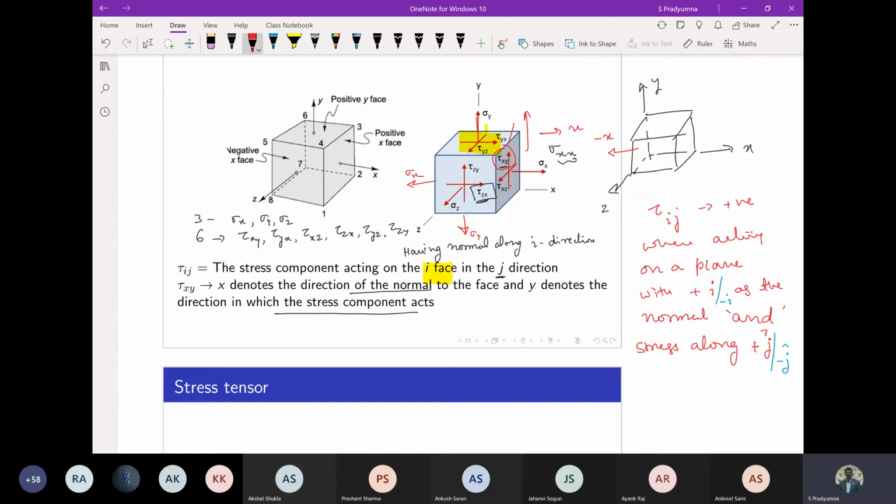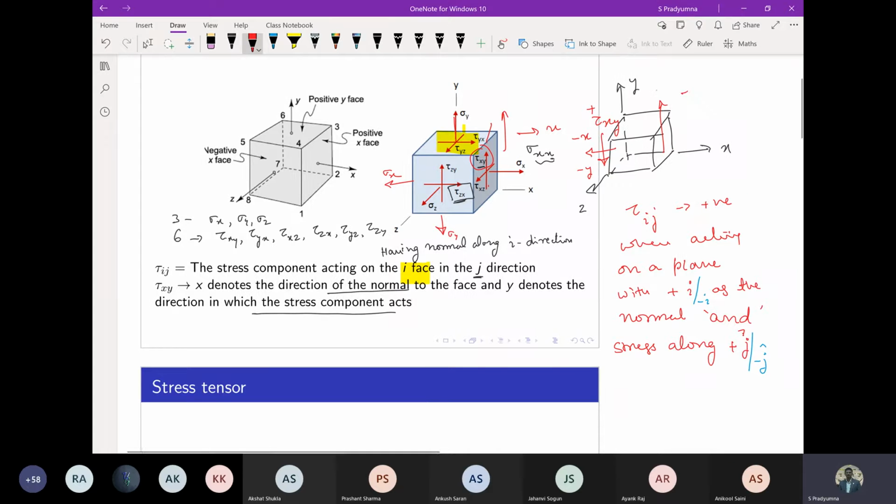And for the stress to be positive, what is the direction of tau xy here? It should be along the minus y direction. This is actually my tau xy, which is again positive. That is because the complementary has to be there because it creates a rotation or the moment. So this is also tau xy.